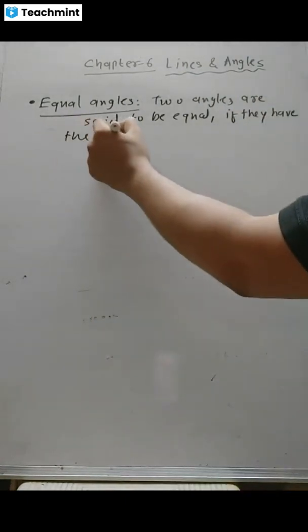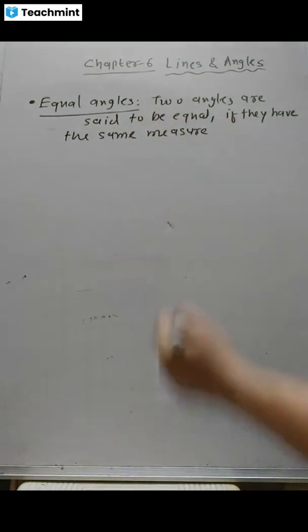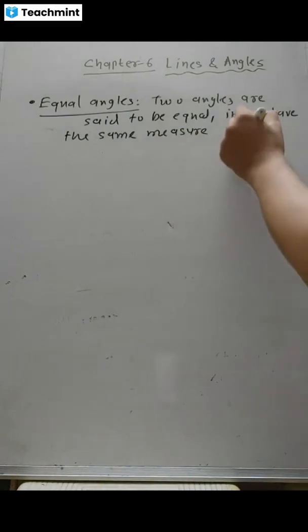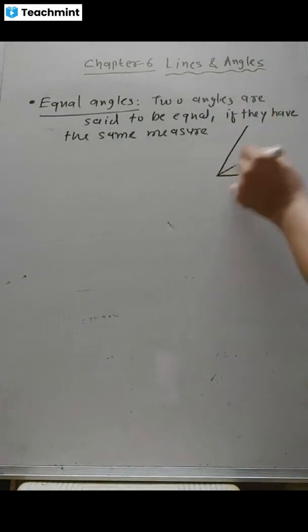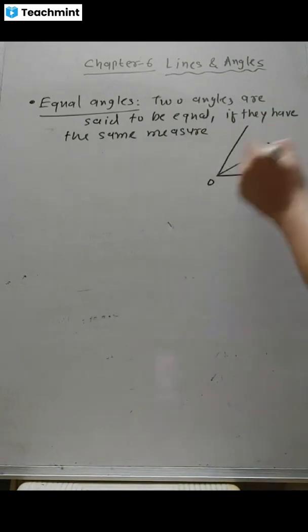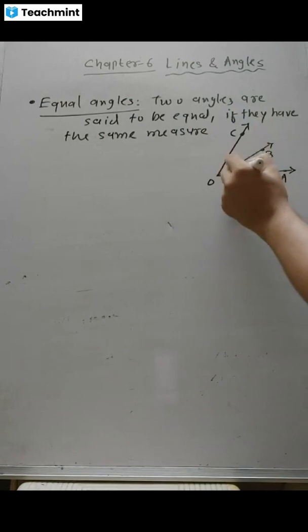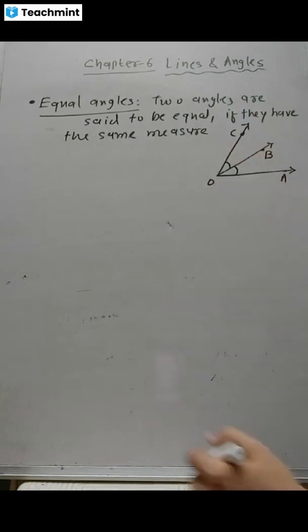If both angles have the same measure, both are equal angles. Angle AOB and angle BOC are both equal.